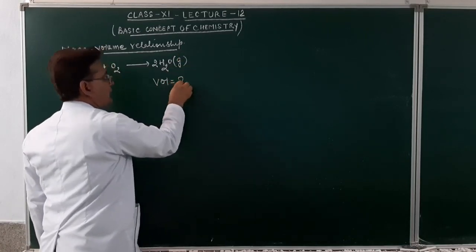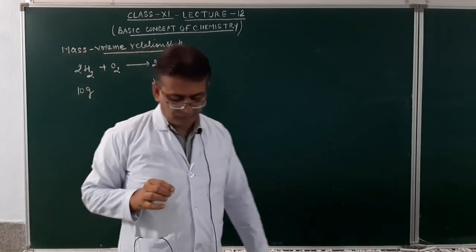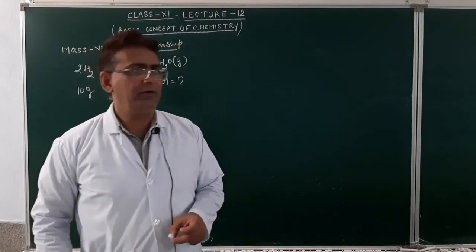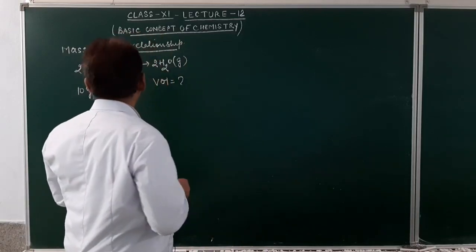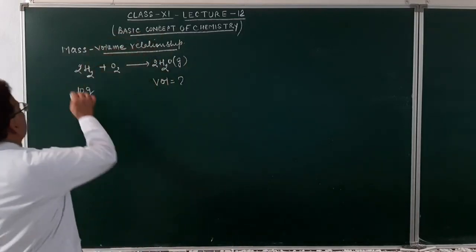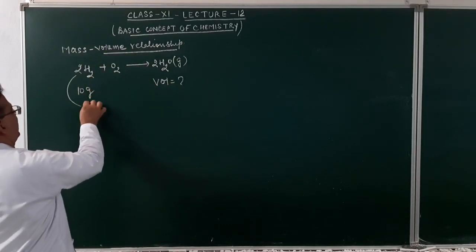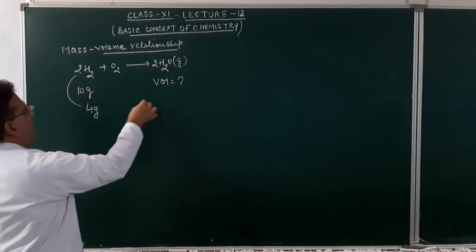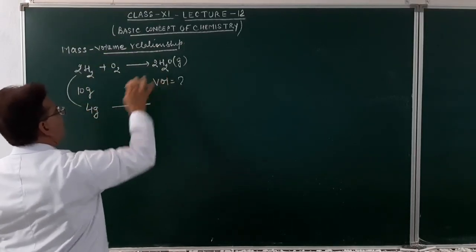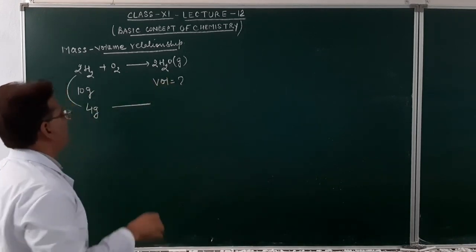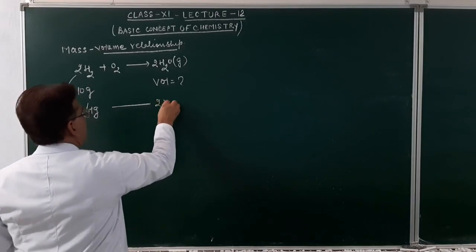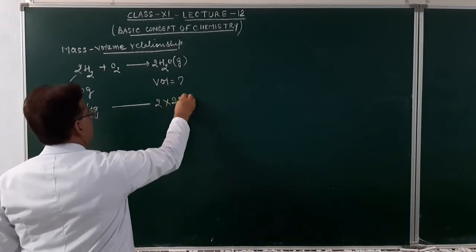So from the mass of hydrogen, the volume of water vapor so formed is to be obtained. This will be the mass volume relationship. Just see over here, what is the mass of hydrogen? This is 4 gram. And how many moles of water are formed? 2 mole. 1 mole of water will occupy what volume? 22.4 liter. So this will be 2 into 22.4 liter.